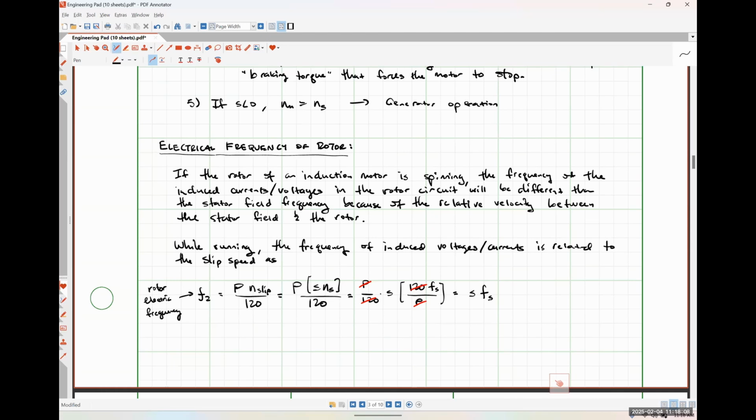So F2, the rotor electric frequency, is equal to slip times Fs, where Fs is the stator frequency.